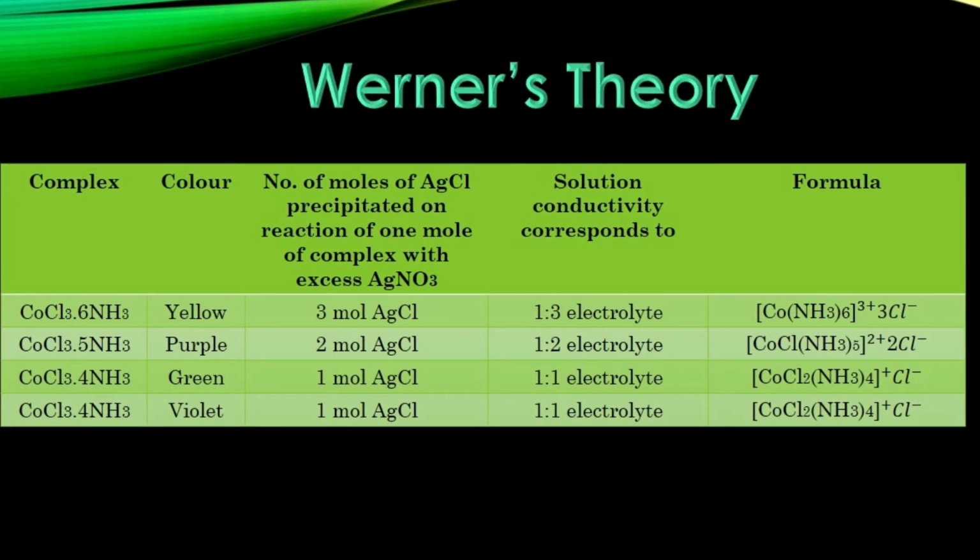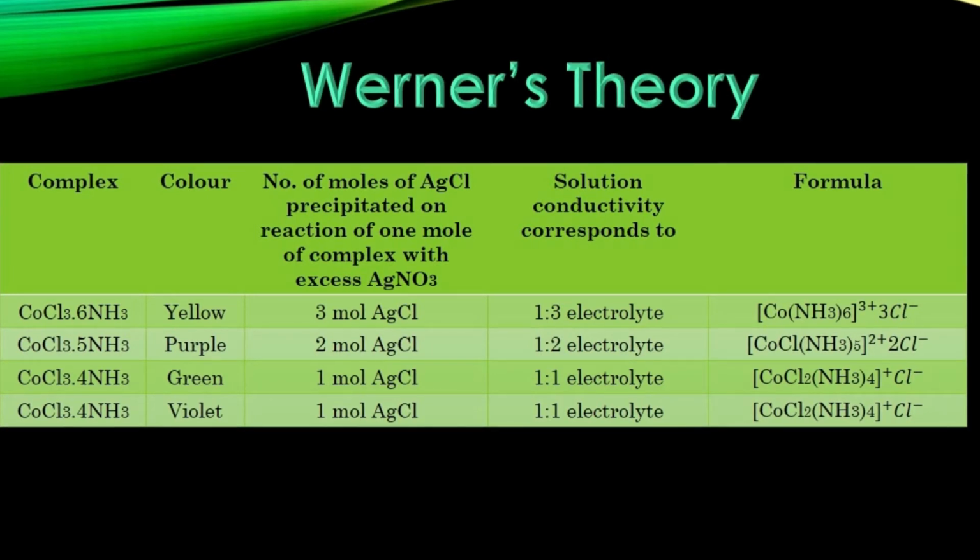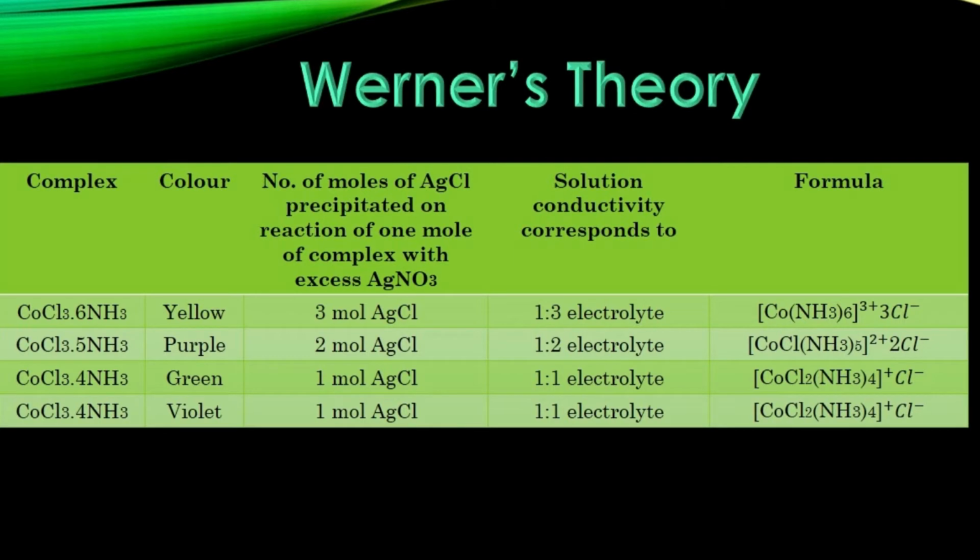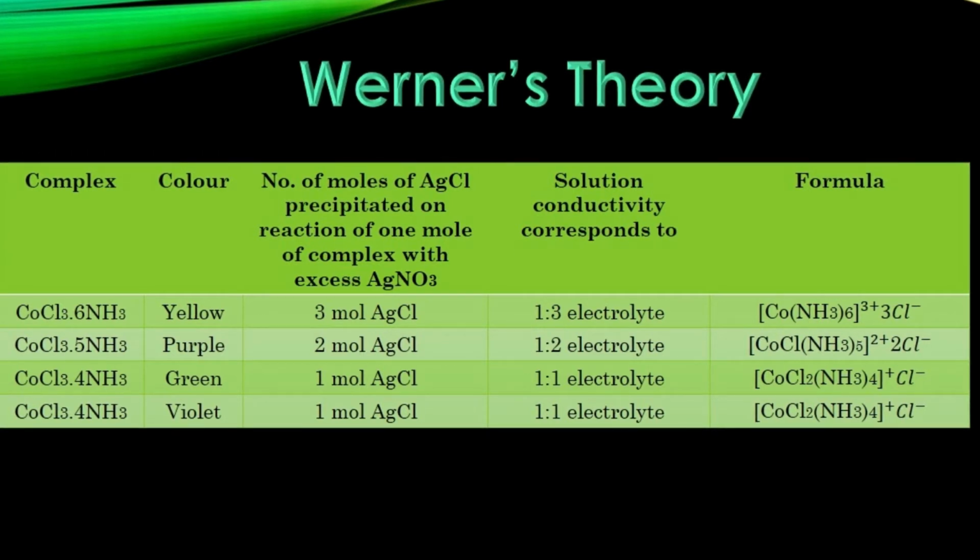And so this complex has the conductivity of a 1:3 electrolyte. The entire coordination complex will behave as one electrolyte and the 3 chloride ions will contribute to the conductivity of 3 electrolytes. So only this complex has the conductivity of a 1:3 electrolyte.